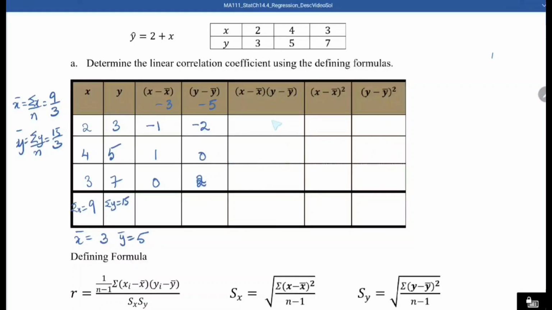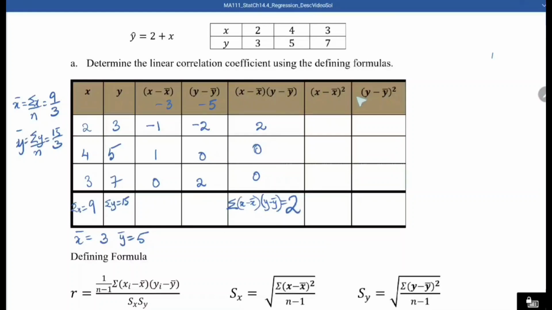In the fifth column, multiply the previous two columns, the x minus x bar column and the y minus y bar column. So minus 1 times minus 2 is a positive 2, 1 times 0 is 0, 0 times 2 is 0. Then sum it up. The sum of x minus x bar times y minus y bar is equal to 2.